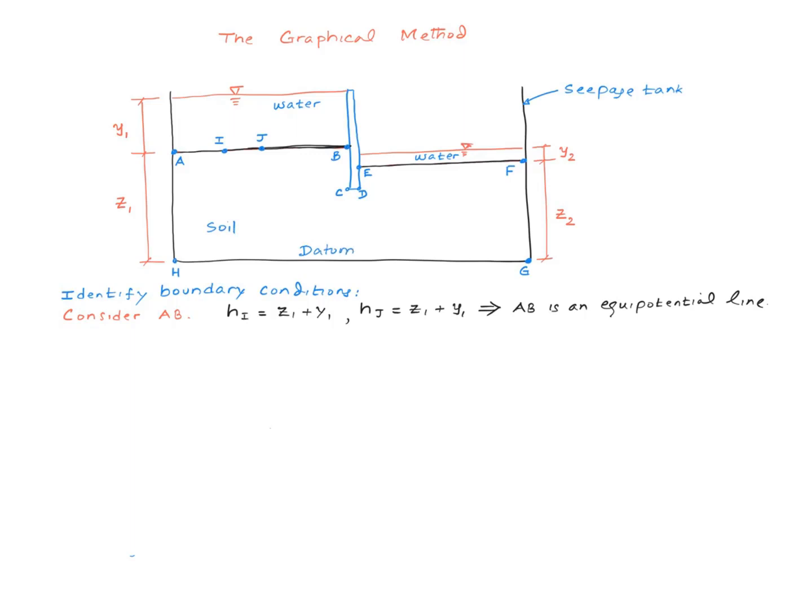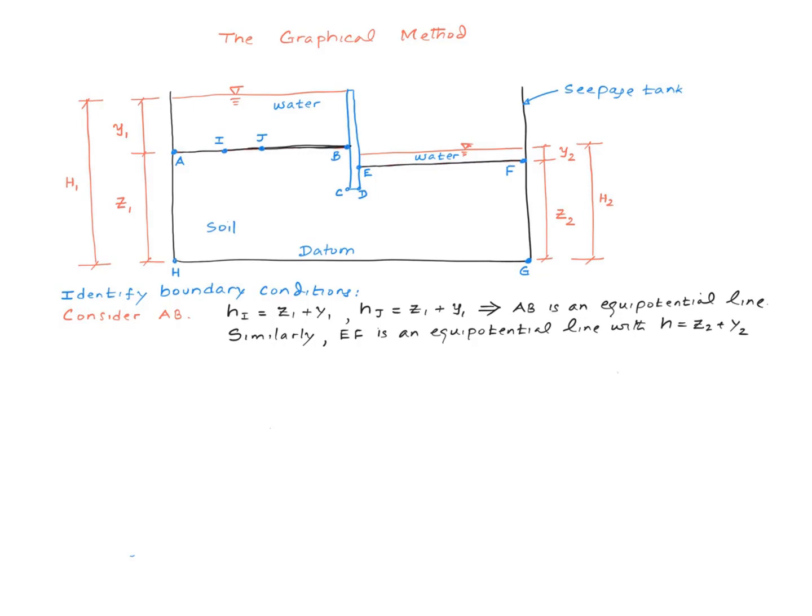So with respect to the datum, you can see HI is Z1 plus Y1, HJ is Z1 plus Y1 again, and therefore the heads at these 2 points are equal to each other, and by definition AB is therefore an equipotential line. By the same approach, we can easily show that EF is also an equipotential line.